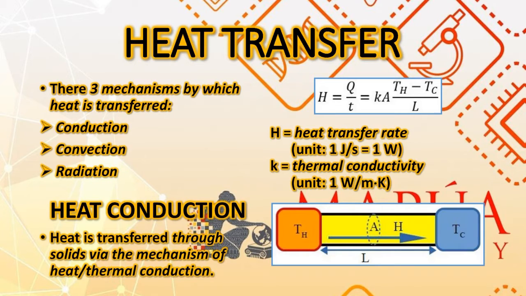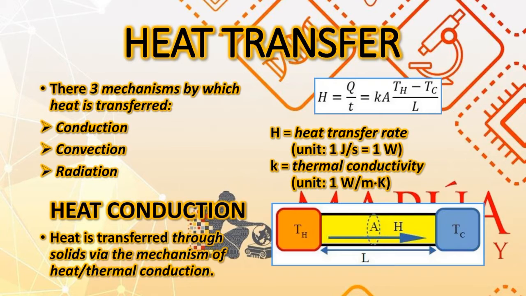We have heat conduction or thermal conduction, heat convection, and heat radiation. Let's first take a look at heat conduction. Heat is transferred through solids via the mechanism of heat or thermal conduction.